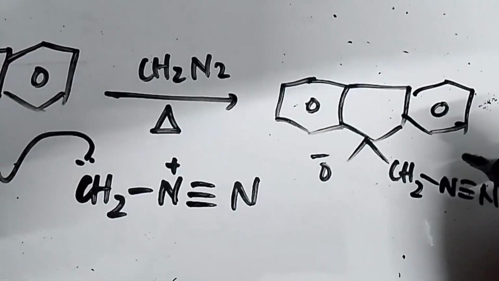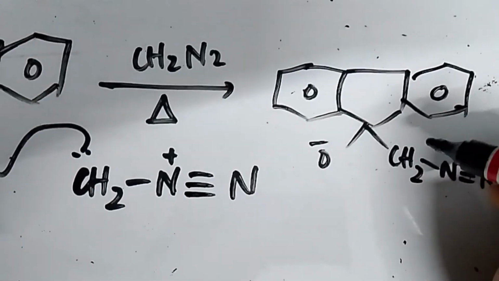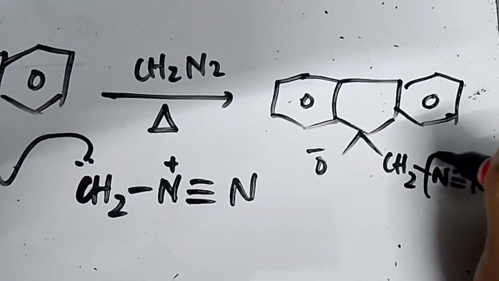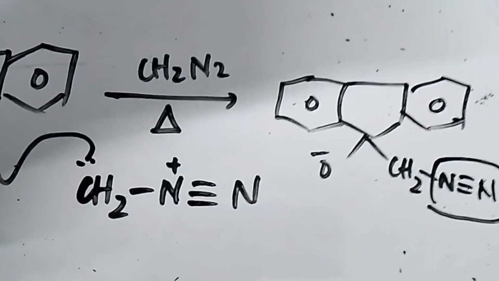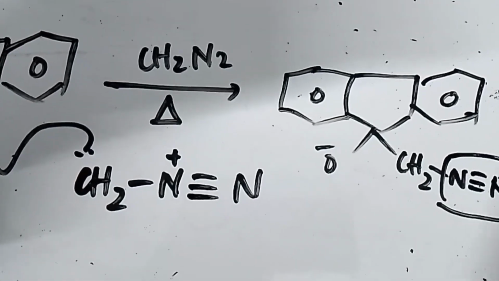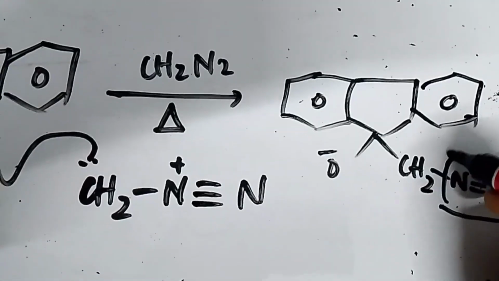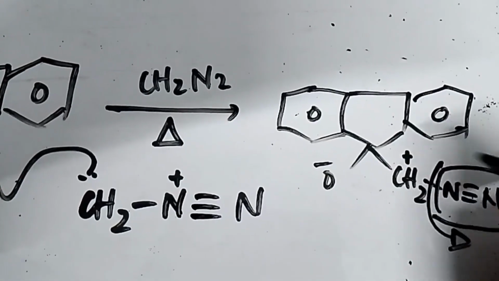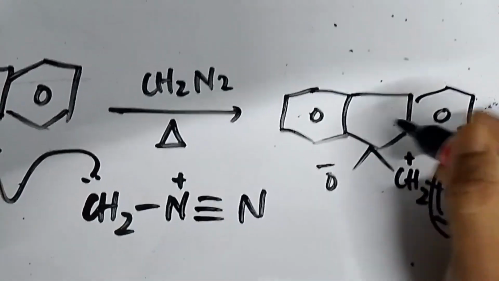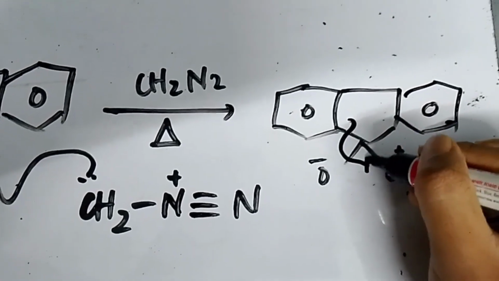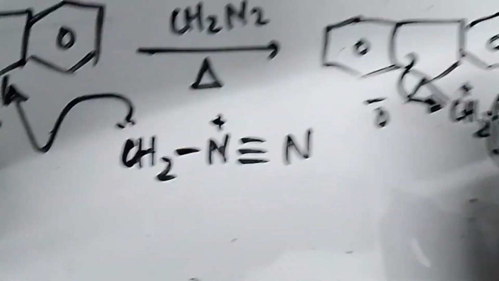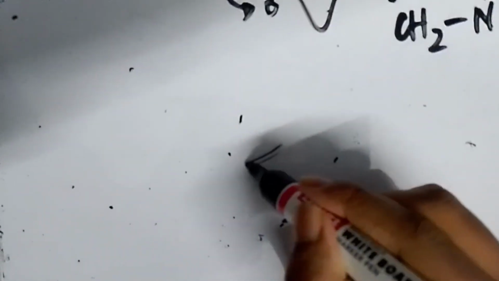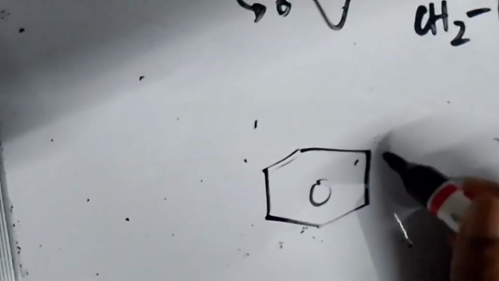Now if we look closely at this species, the N2 is a very good leaving group. So when we are heating this reaction mixture, this N2 actually leaves, and as a result a plus charge is generated on the CH2 group. Now this bond migrates to this CH2 group and we get an intermediate, something like this.